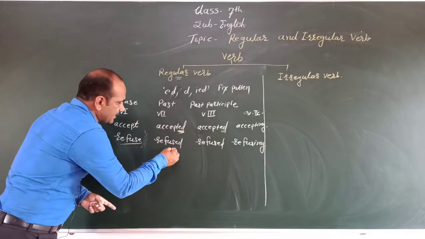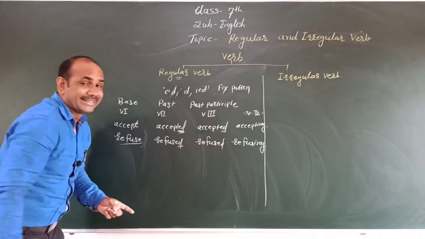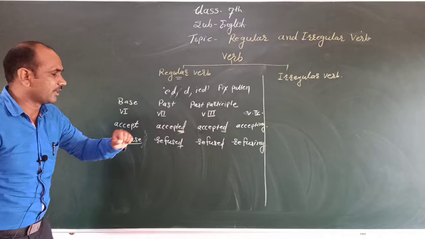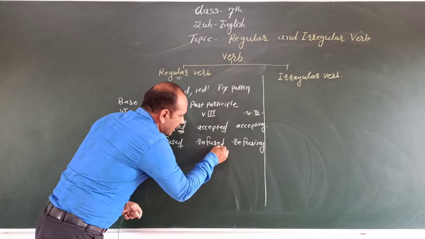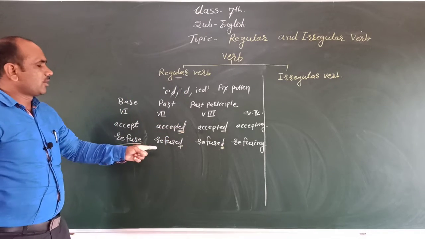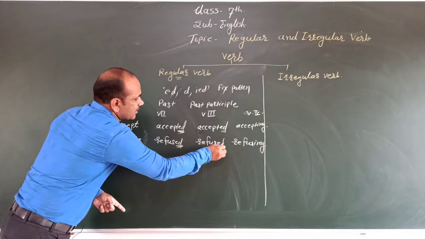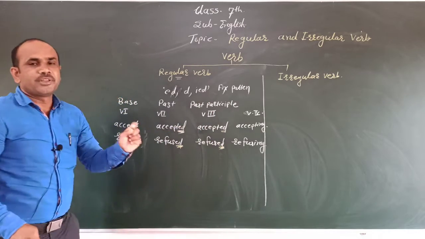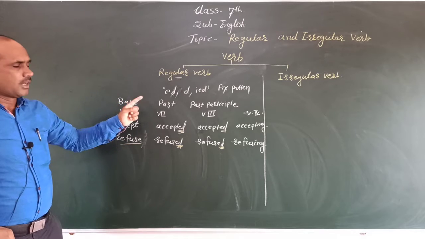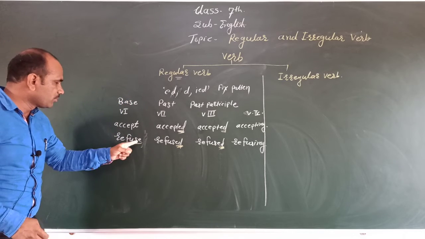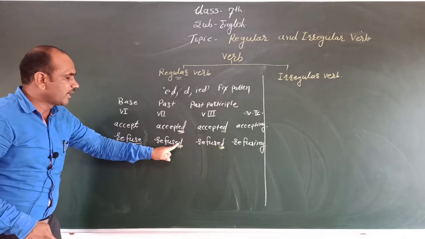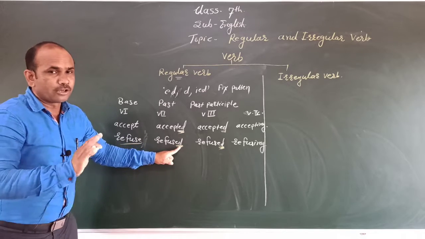Then second, at the end of the verb we add ed, meaning only d we add here. Here also we add d. These verbs have a fixed pattern of ed, therefore we call them regular verbs. But for some verbs, where there is an e at the end of the verb, we write only d, not ed.